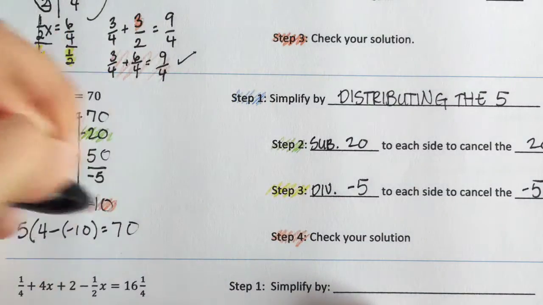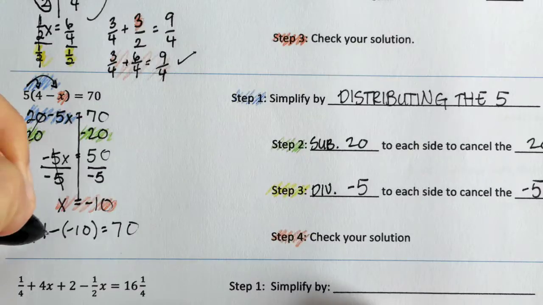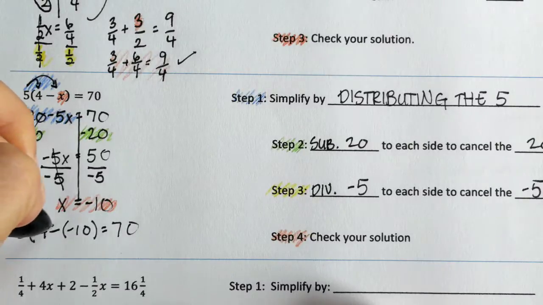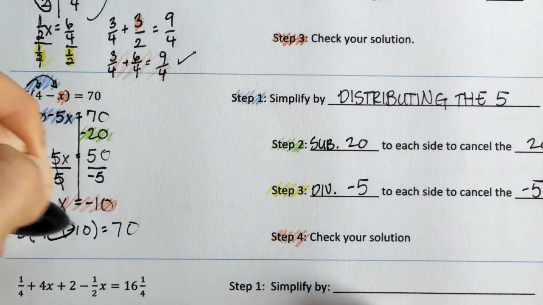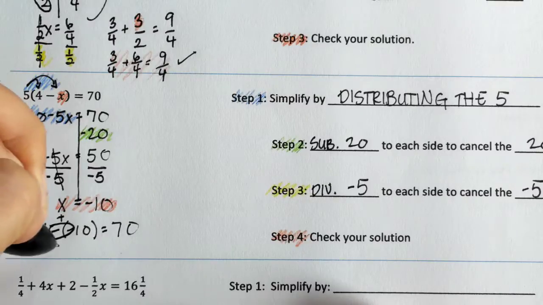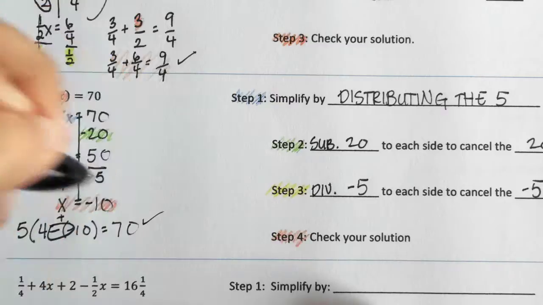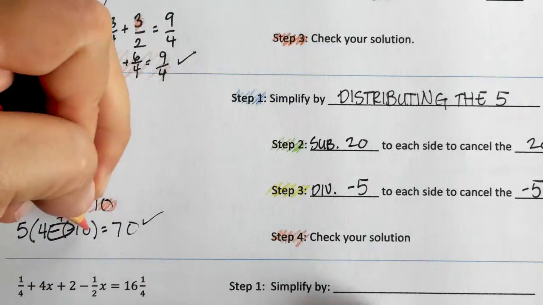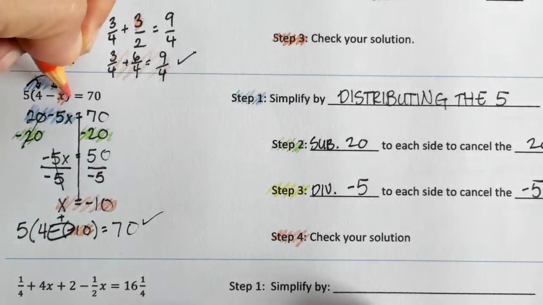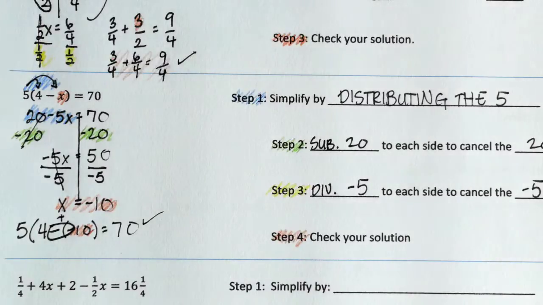Equals 70. And so when I do that, minusing a negative is like adding. So 10 plus 4 is 14 times 5 is 70. So it is a true statement. And so what I did was I substituted in that negative 10 for that x right there.